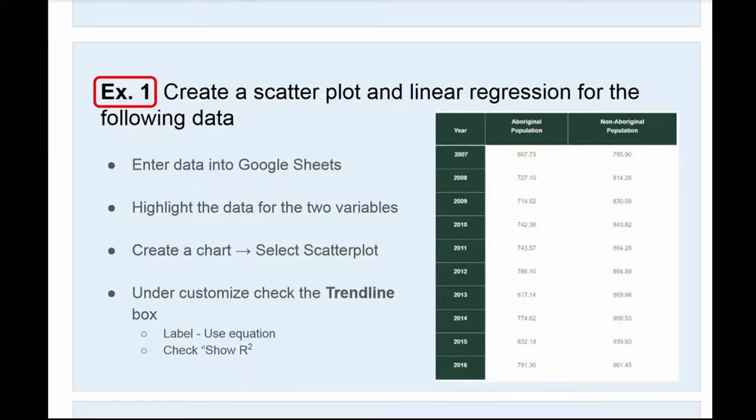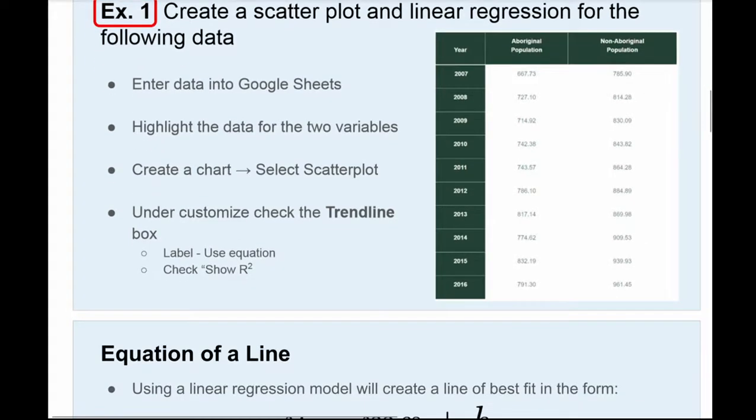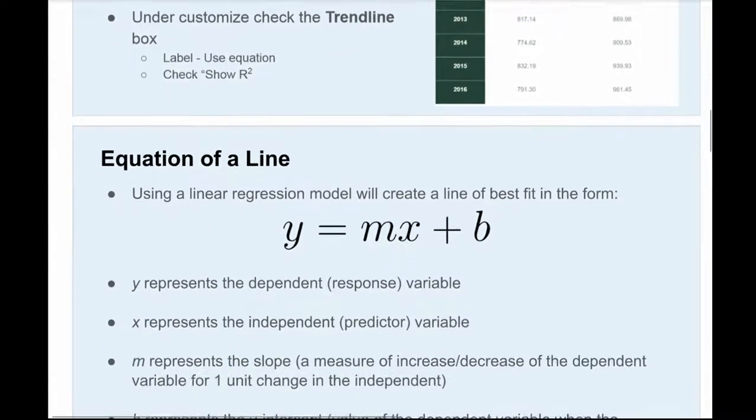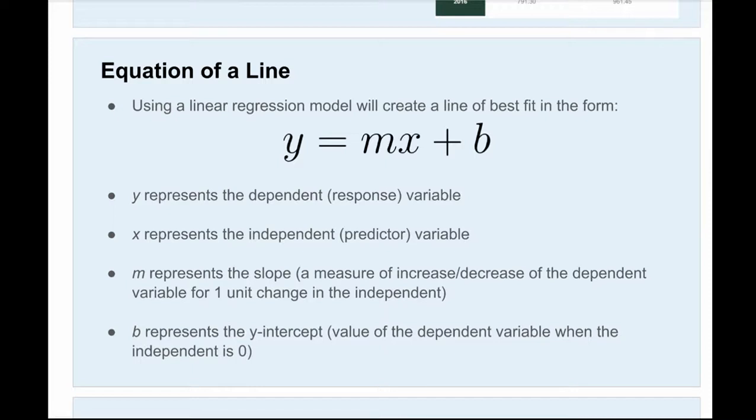So once we've created that, there are a couple things that we need to look at. And the main thing is the equation of a line, because that's the whole reason why we're creating the scatter plot and doing the linear regression: to get this equation of the line. And again, hopefully you remember this all the way back from grade 9, but the equation of a line is y equals mx plus b.